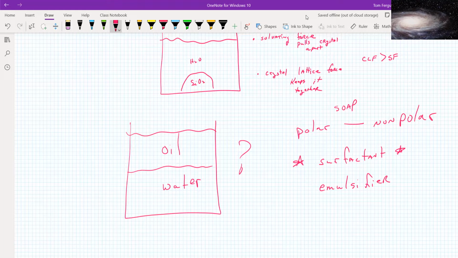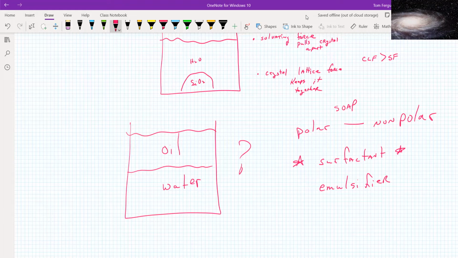Think of the windshield on your car. All those things fog. Glass, plastic, more hydrophilic, water.